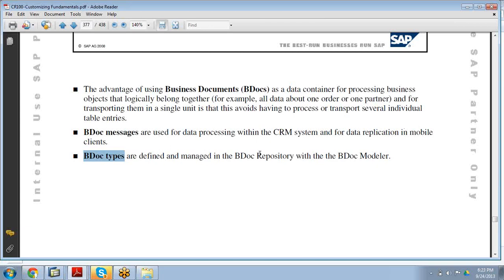And types are managed in the BDoc repository using the BDoc modeler. Types are for the external world, it is not message, it is types. For within the system we use messages, so BDoc types are used for external system interaction. Take both the definitions.